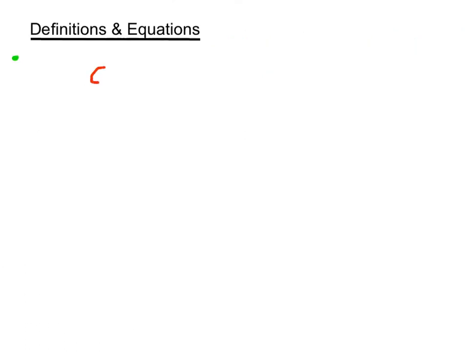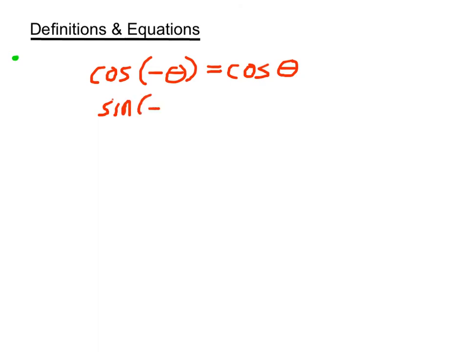So here are the relationships that we've defined so far. Cosine of negative theta is equal to the cosine of theta. The sine of negative theta is equal to negative sine theta. And we saw this from the first unit circle.